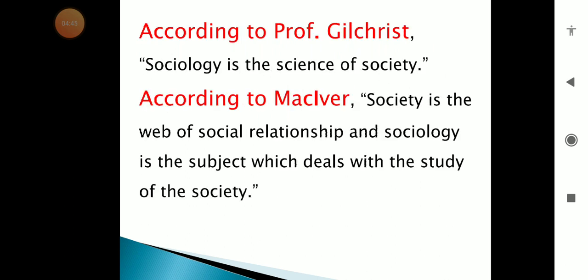According to Professor Gilchrist, sociology is the science of society. According to MacIver, society is the web of social relationships, and sociology is the subject which deals with the study of society. So many relationships it has, as I told you already: economic, political, social, all. So it is a web of social relationships, and sociology is the subject which deals with the study of society, where all the activities take place.